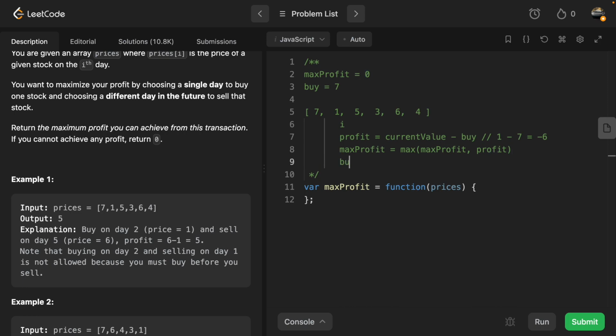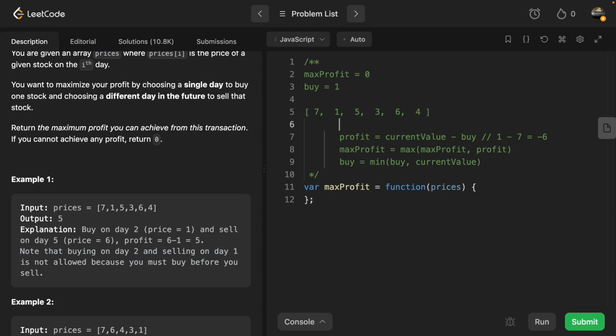And we also want to update our buy value. We want to get the min between the buy and the current value. The buy is 7 and the current value is 1, which means our buy here will be 1 because we want to get the smallest buy value.